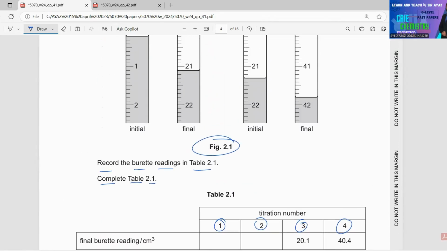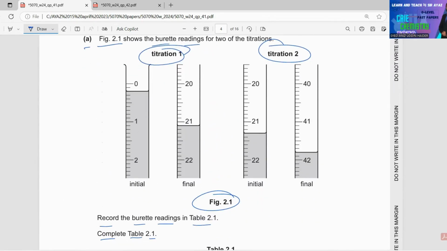So for 1, initial reading will be 0.2. Here you can see it's 0.2 and final reading must be 21.1. What about titration 2? It's 21.3. Final reading must be 41.8.